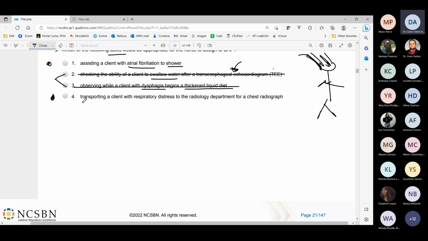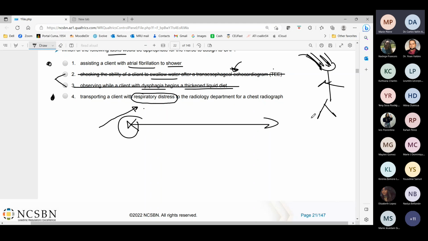Okay. Do you see something wrong in the last one, in 4? The patient is unstable. They say that the patient has respiratory distress. So do you delegate a patient with respiratory distress to be moved away from where you are in the service to X-ray under the care of a CNA?